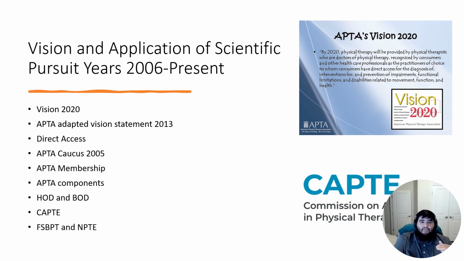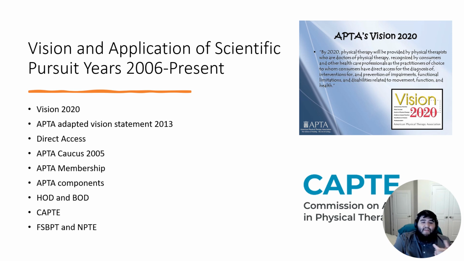Then comes the House of Delegates, which is the highest policy-making body of the APTA. The board of directors' main job is to carry out the mandates and policies established by the House of Delegates and to communicate issues to internal and external personnel, committees, and agencies.